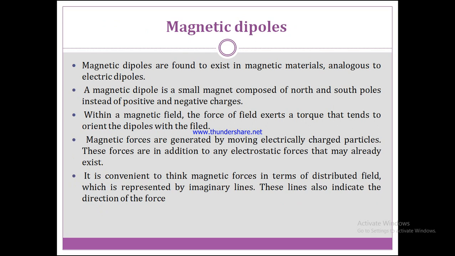Now, magnetic dipoles. Magnetic dipoles are found to exist in magnetic materials analogous to electric dipoles. A magnetic dipole is a small magnet composed of north and south poles instead of positive and negative charges.